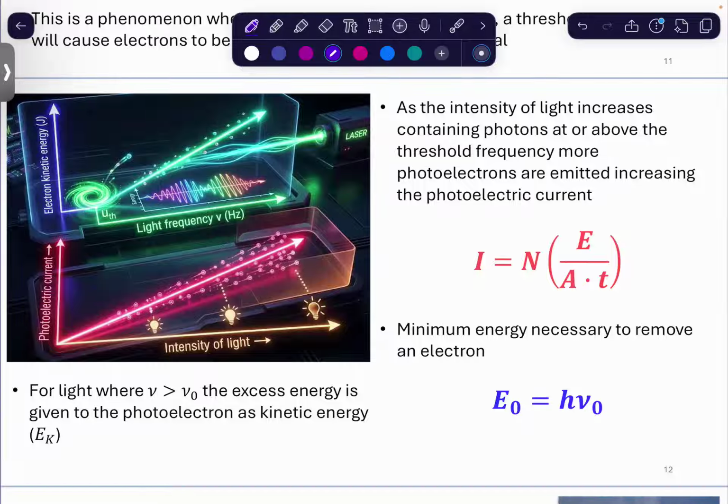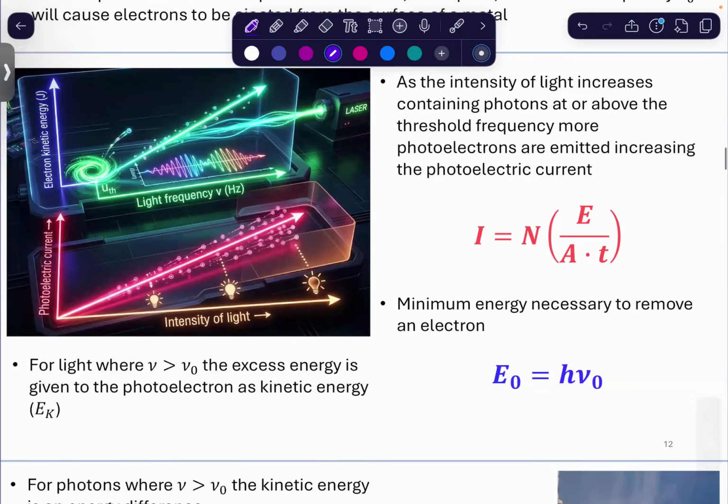We can study the collisions in macroscopic situations and see kinetic energy transferred from one object to another. Well, these photons above the threshold frequency are actually transferring kinetic energy to the electrons and causing them to move once they escape.